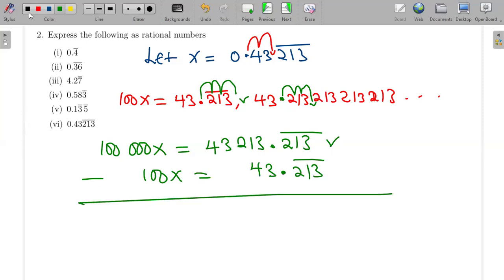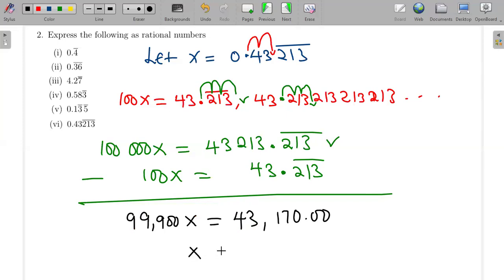And then I'm just going to subtract now. So 100,000 minus 100 is going to give me 99,900x is equal to, then here I have 43,213 minus 43, so that gives me 43,170.000 because here the 213 is going to cancel.